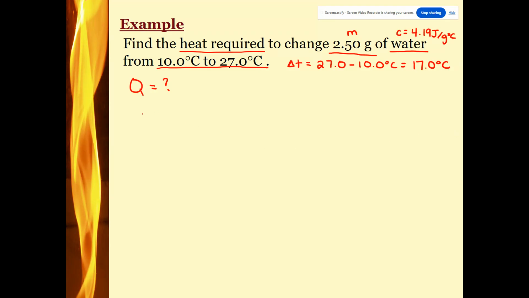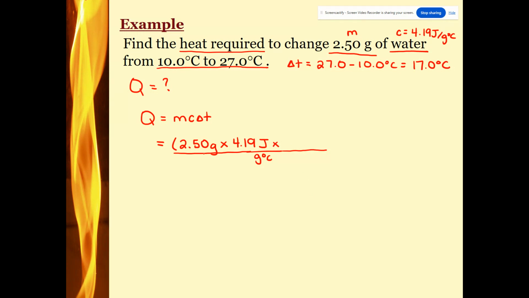So if I use my formula, Q equals mc delta T, my mass again is 2.50 grams. My specific heat capacity is 4.19 joules per gram degree Celsius. And sometimes I actually make a big line out of this, just for unit analysis purposes.